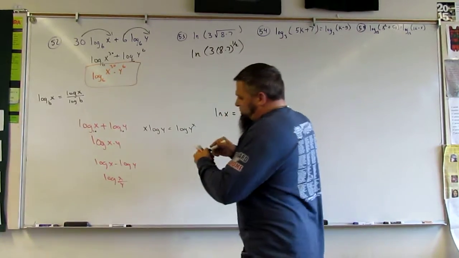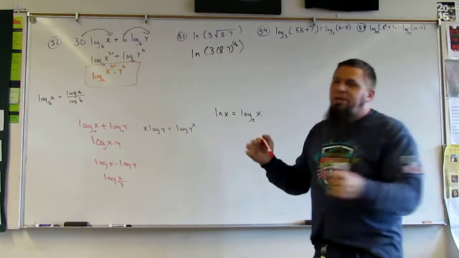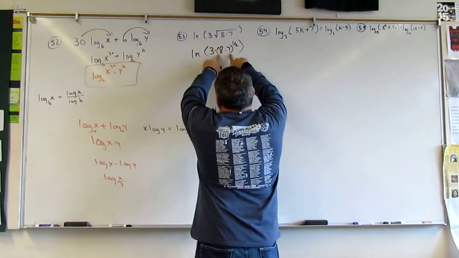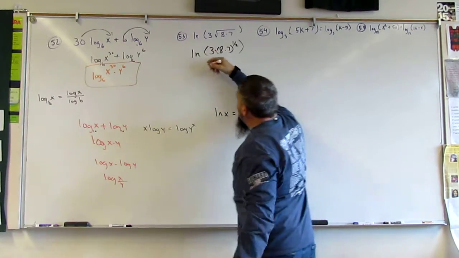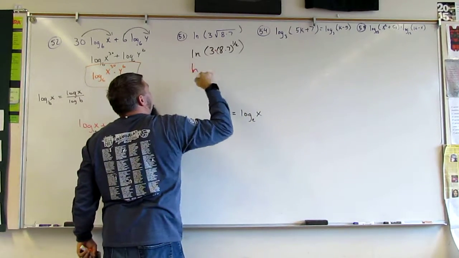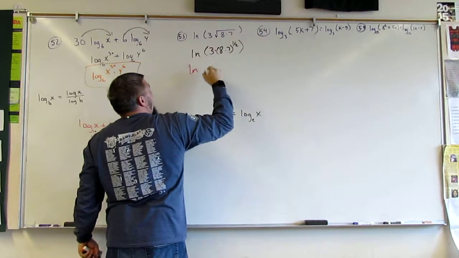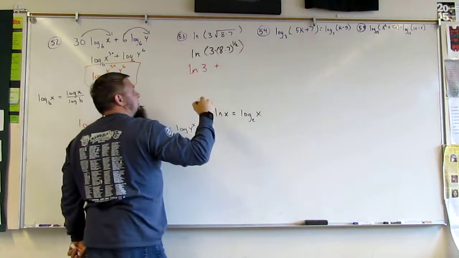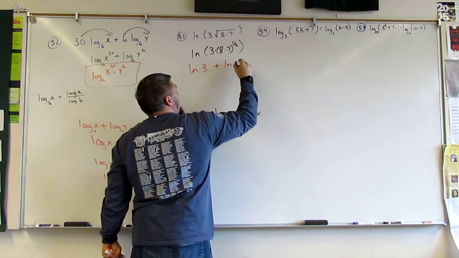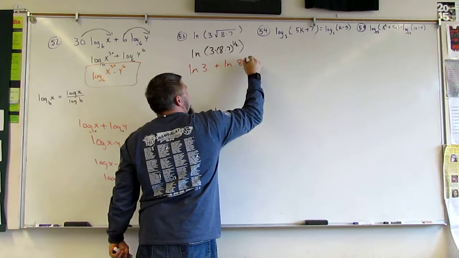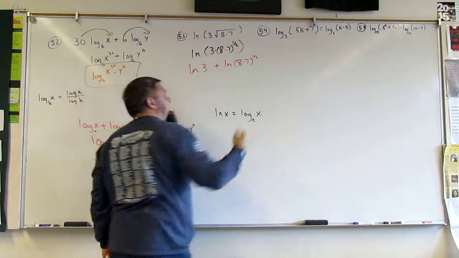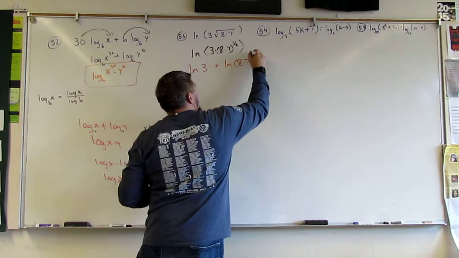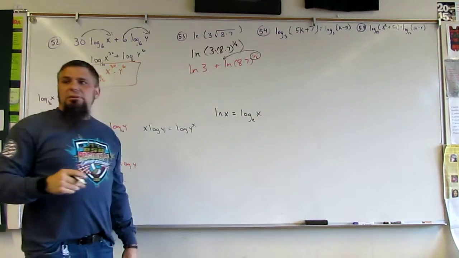So what I want to do is break these up piece by piece. I'm going to break this up first, because those are outside of these parentheses. So I'm going to go natural log of 3, and this becomes a plus the natural log of 8 times 7 to the 1/2. And then I'm going to take that 1/2 and put it out in front.